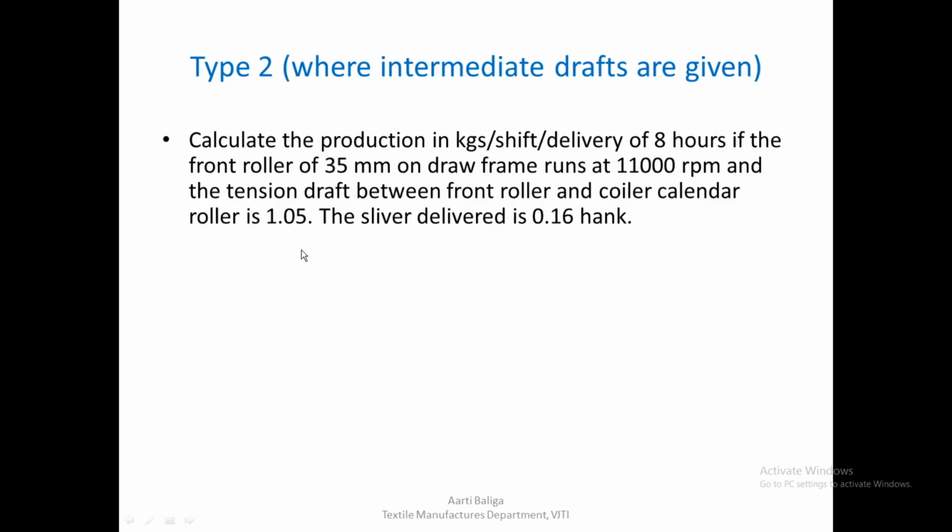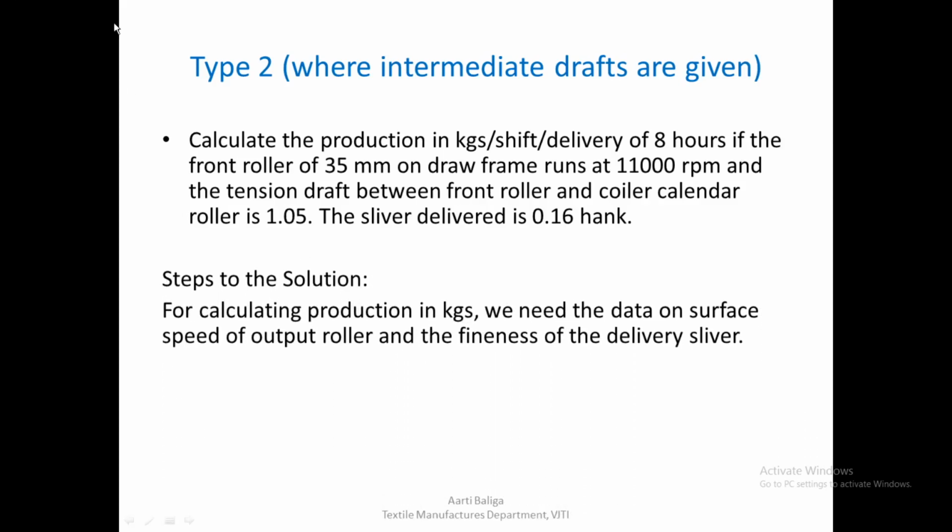So as before, for calculating production, we need data on the surface speed of the output sliver and the fineness of the delivery sliver. The speed of the output sliver in this case is at the final roller, which is not the front roller. In the earlier problem we were not given any data on the coiler calendar roller, so we proceeded with the front roller speed. Now the final roller is the coiler calendar roller, and that is why we will have to calculate the surface speed of the coiler calendar roller first.